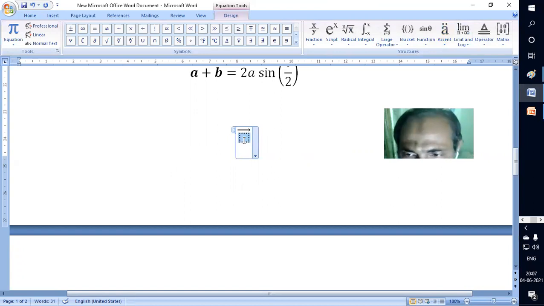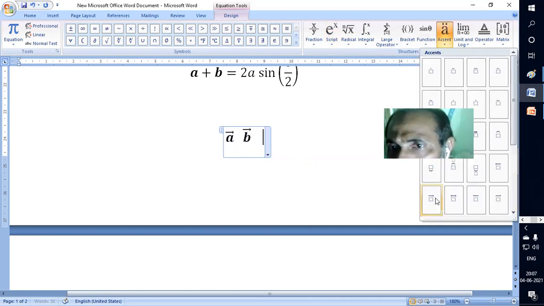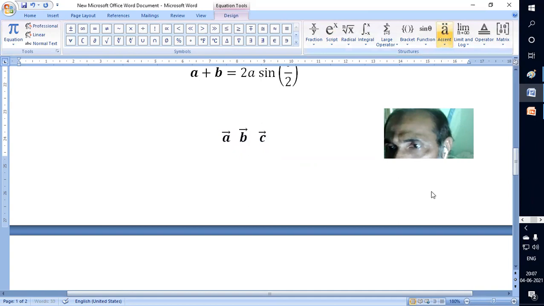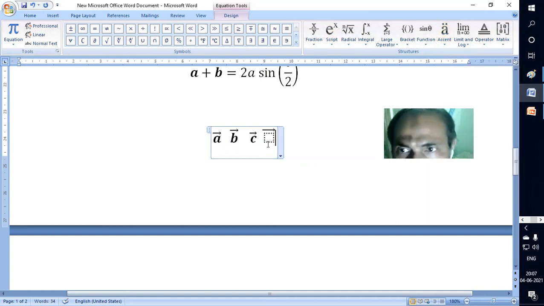One is vector A, another is vector B, another is vector C, another is vector D. So these are the different vectors.